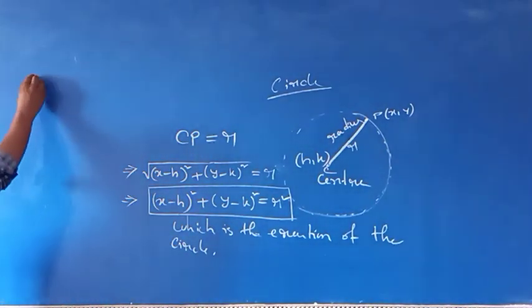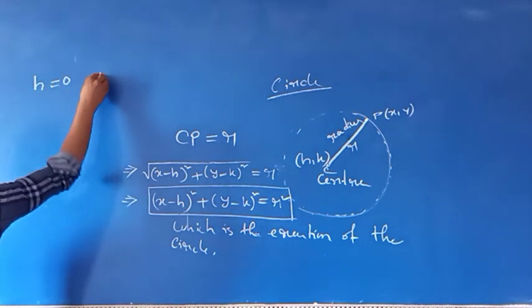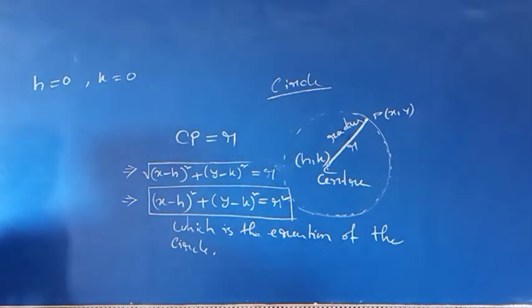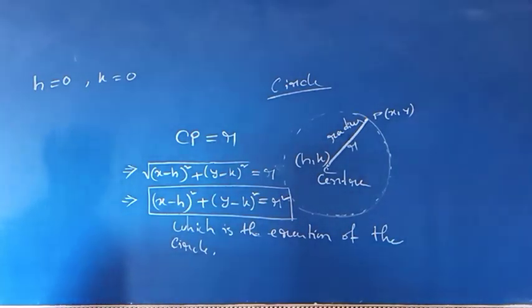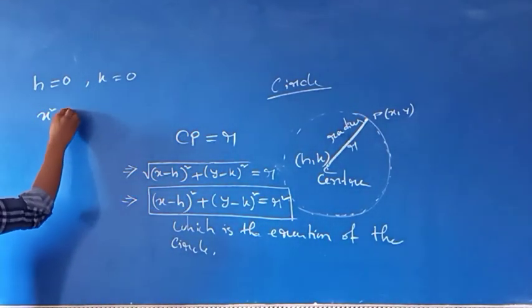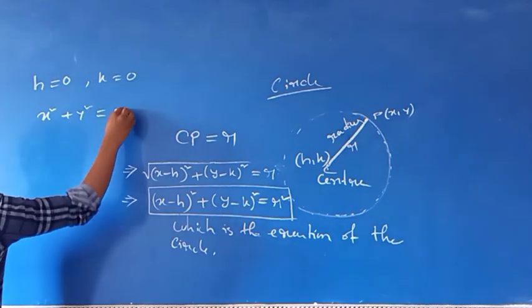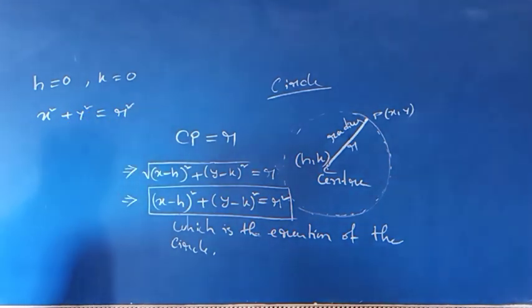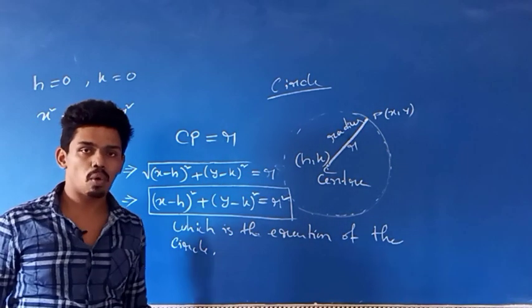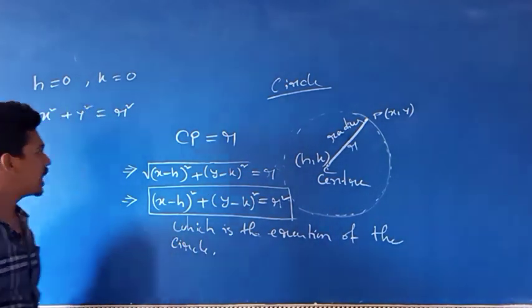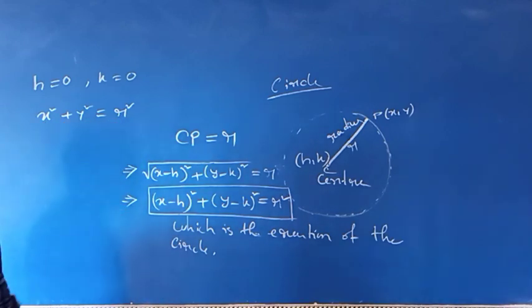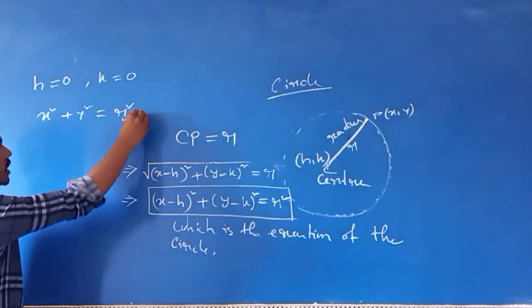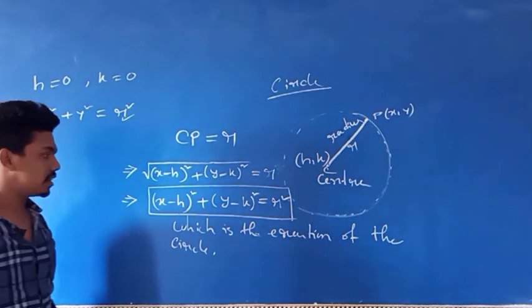Now suppose h equal to 0, k equal to 0, that means the center of the circle is the origin, then we have x square plus y square is equal to r square. That is, if the center of the circle is the origin, then the equation of the circle is x square plus y square equal to r square, where r is the radius of the circle.